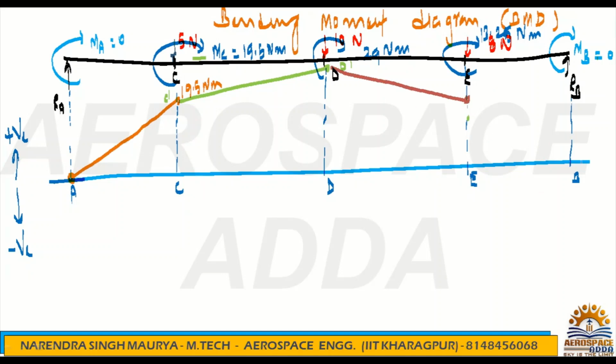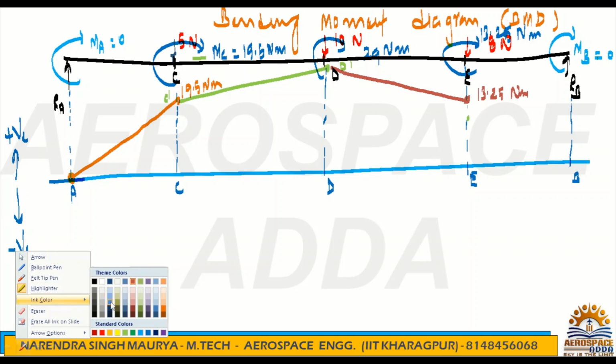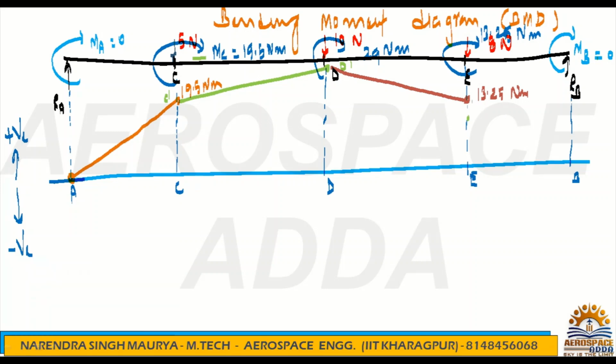And again from here, because now what is the moment here? 13.25 Newton meter. But at point B, what is the moment? It becomes 0. So you have to show a different slope. It will not be the same line. This will be another inclined line you have to draw from 13.25 to where your moment becomes 0.